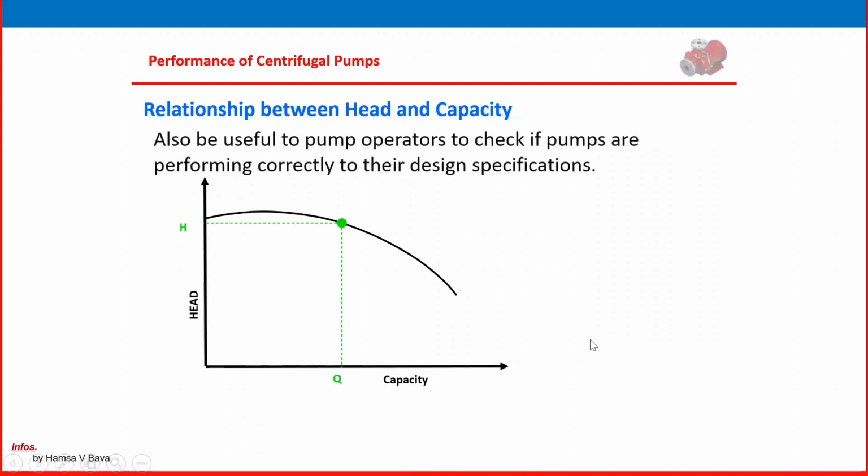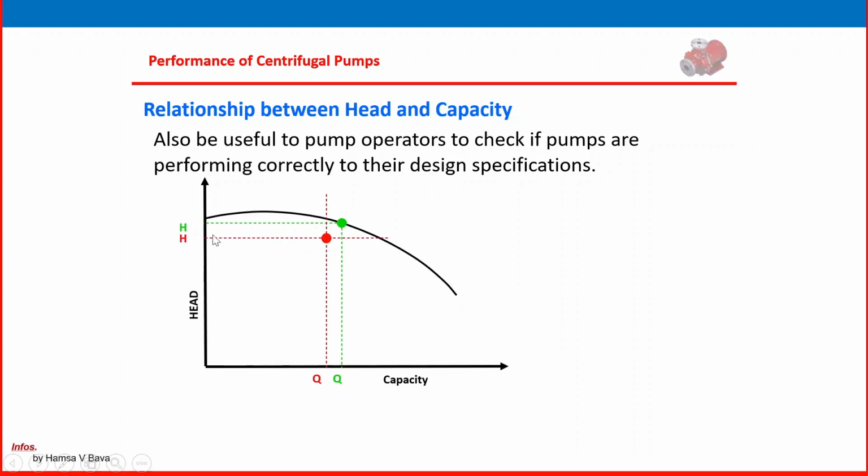It is also useful to pump operators to check if pumps are performing correctly to their design specification. Here, when Q is decreasing, the head is slightly decreasing also. So this is the performance varying from the design conditions from the vendor.